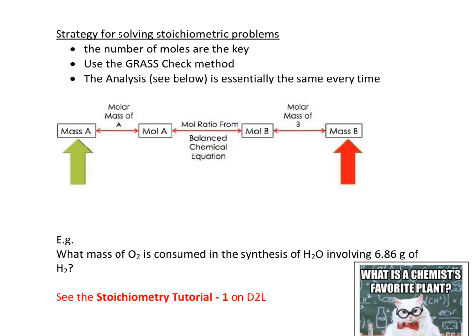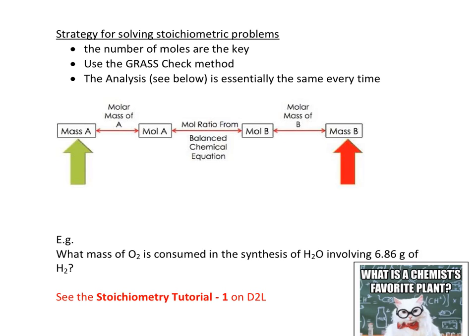And so now that we have the number of moles of one of our substances, we are able to convert it to the number of moles of something else within that chemical equation by using a mole ratio. And so finally, using the number of moles that we just calculated from our mole ratio, we can convert that back to a mass, and this is often, at least in the first stages of doing stoichiometry, what we will be asked to find. So we can convert it back to a mass using the molar mass.